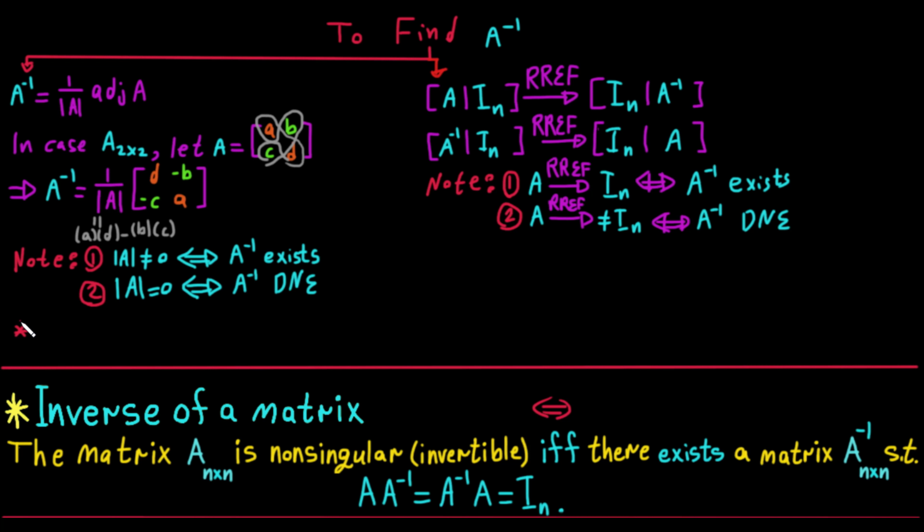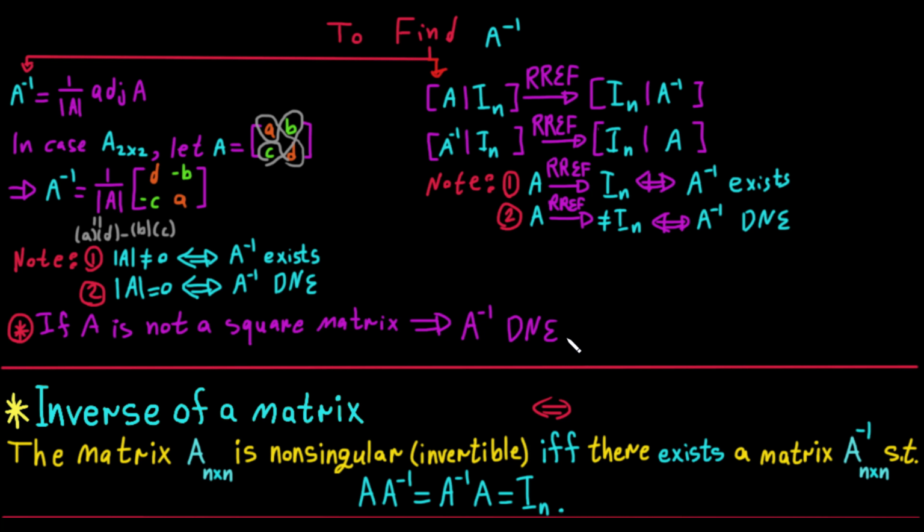Also here I will write an important note. If A is not a square matrix, meaning like 2 by 3, not 2 by 2, or a different size, not a square matrix, then A inverse does not exist.